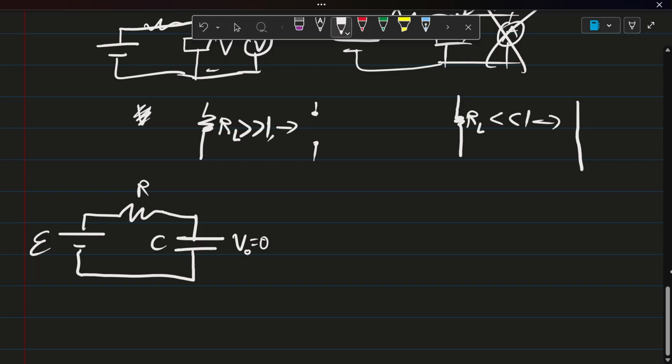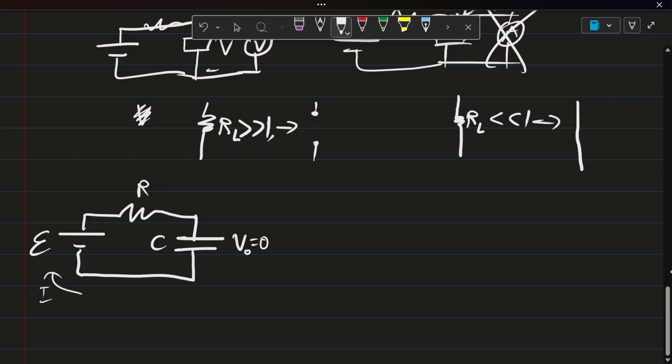So let's try to compute what is the voltage in between the capacitors. Even though we know it's zero, we should try to do this mathematically first. So we will just pass through this clockwise again, like normal.